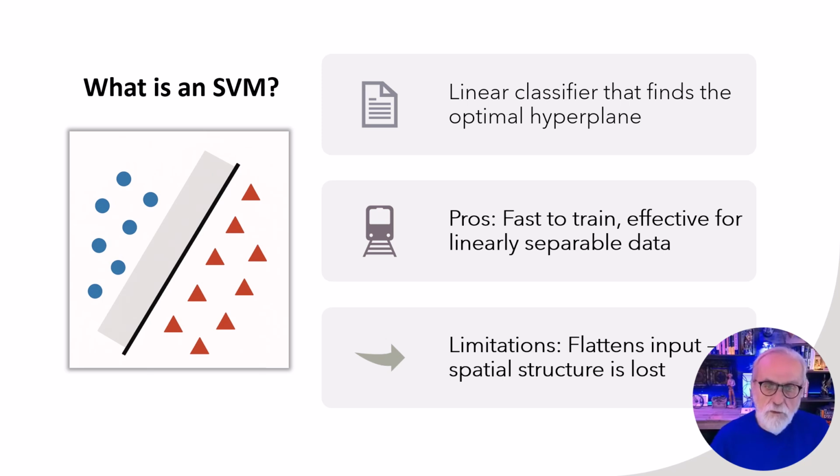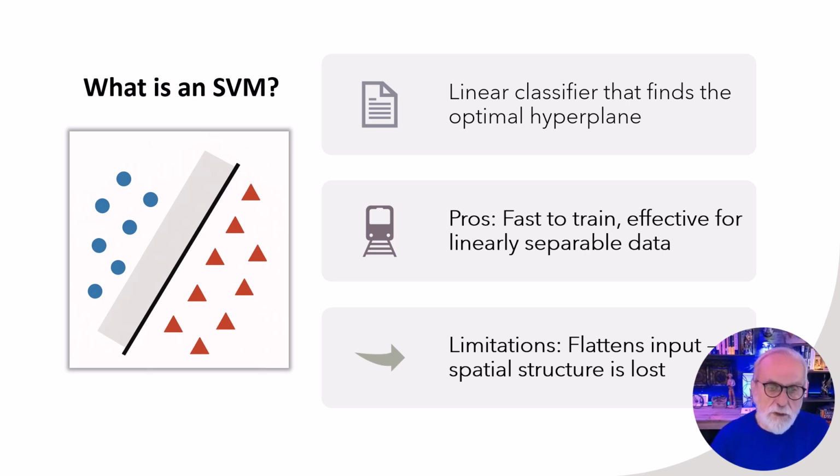Limitations for images in these models: to use SVMs with images like Fashion-MNIST, we must flatten the 2D pixel grids into 1D vectors. This flattening loses important spatial relationships like edges and patterns that are critical for visual understanding. As a result, SVMs often struggle with tasks that require recognizing complex spatial structures, such as image classification.